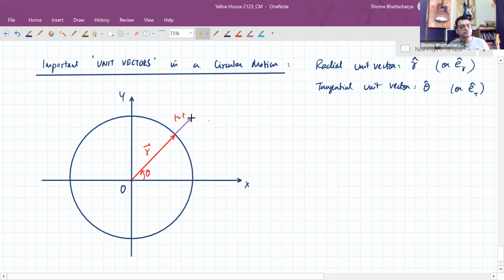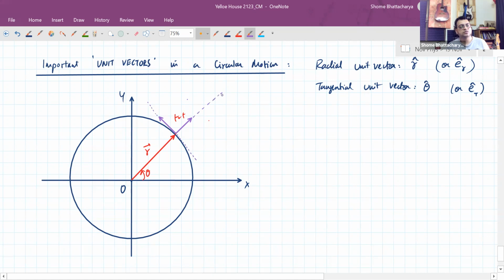And if we draw a unit vector which is pointing along the tangent to the circle, with a positive sense of theta in mind, that is anti-clockwise.